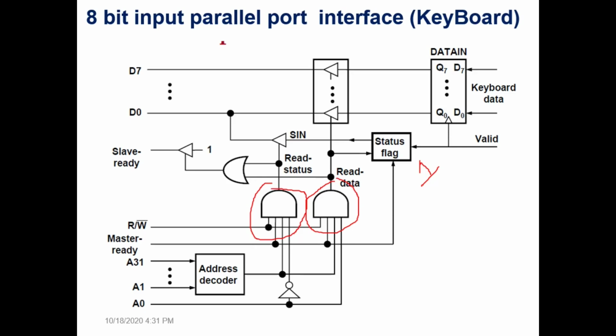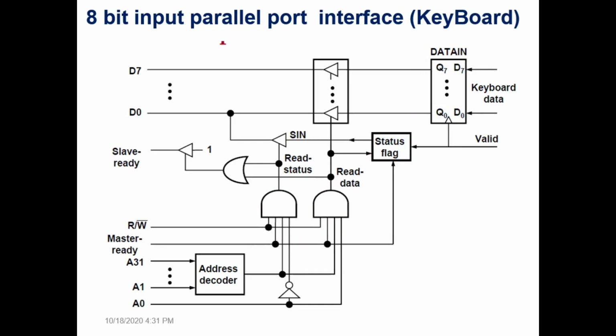Read status means the processor is trying to read the status flag to check whether data is actually there in the data in buffer of the input circuit. Now one more AND gate here is called read data. That means this AND gate handles when the processor actually tries to read the data in buffer.